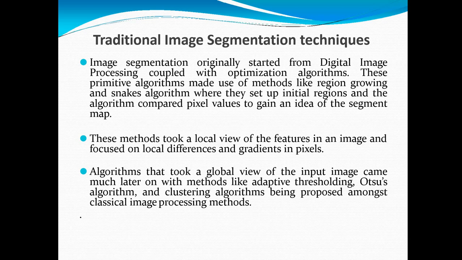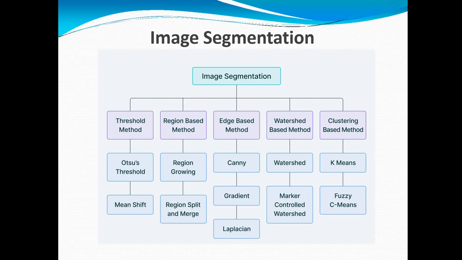These methods took a local view of the features in an image and focused on local differences and gradients in pixels. Algorithms that took a global view of the input image came much later on, with methods like adaptive thresholding, Otsu's algorithm, and clustering algorithms being proposed amongst classical image processing methods. Here's an overview of image segmentation.